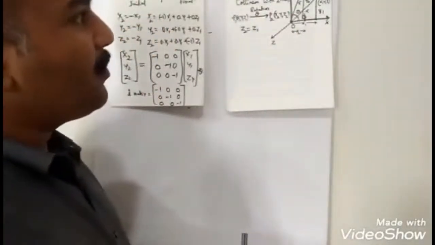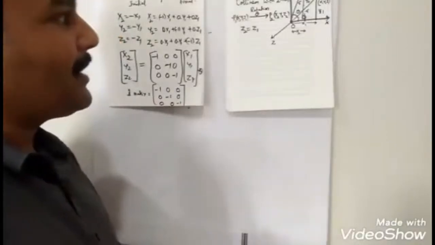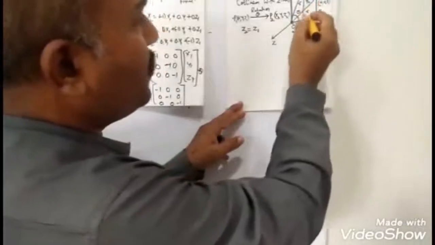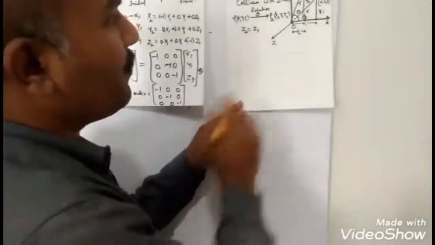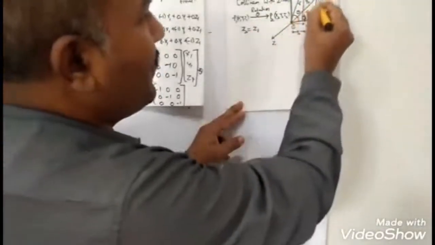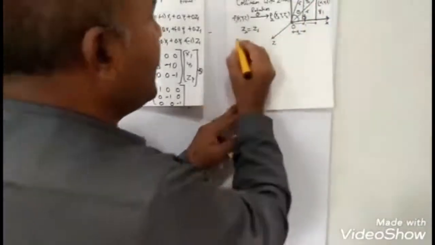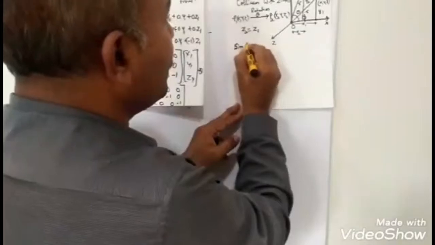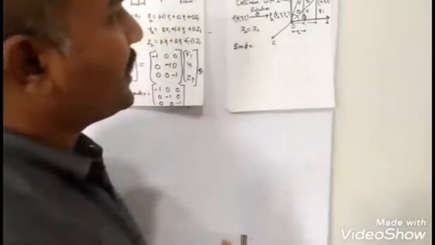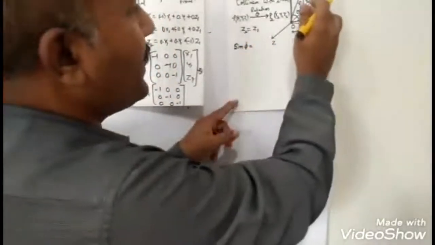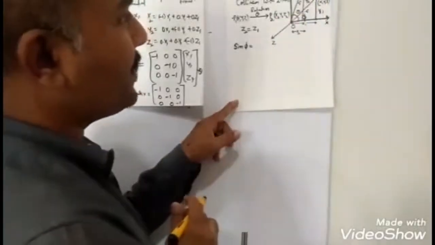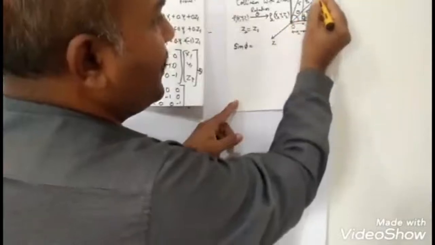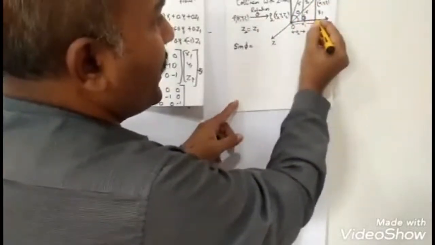For that, you have to go for the mathematical relation. To find out x2 and y2, you have to go for sin phi. What is the value of sin phi? Sin phi is equal to opposite by hypotenuse. Sin phi refers to the triangle P1, origin and up to here.